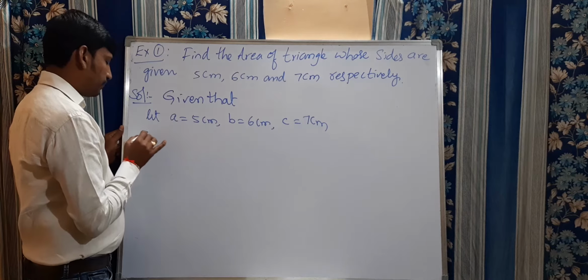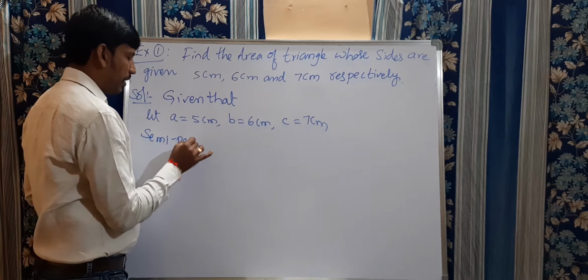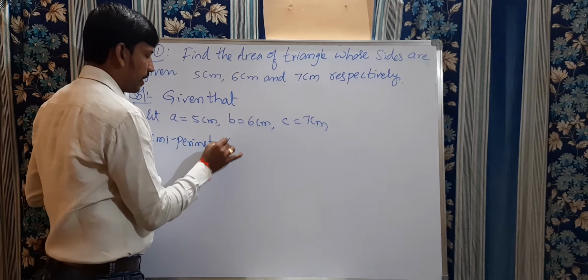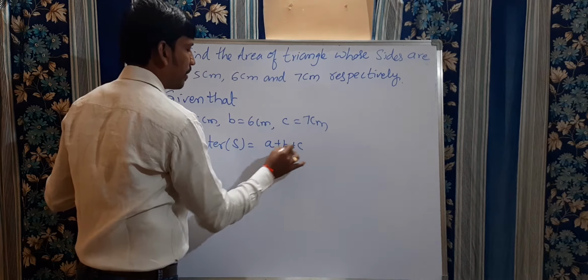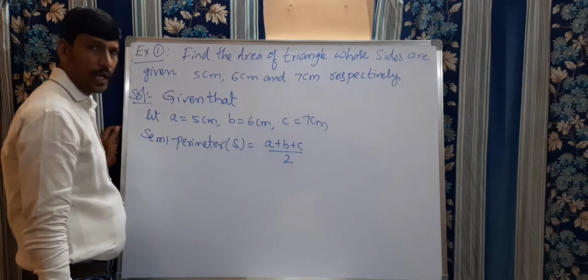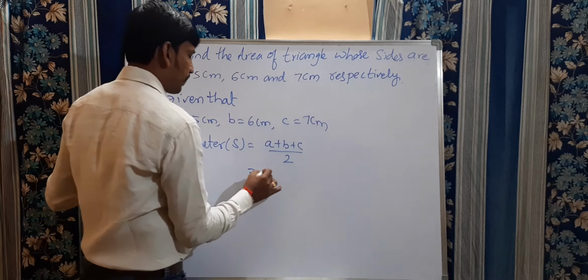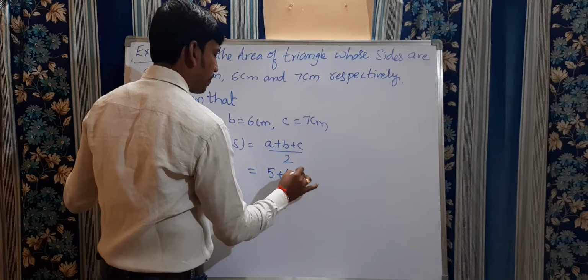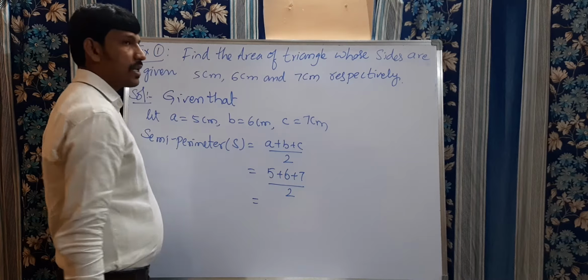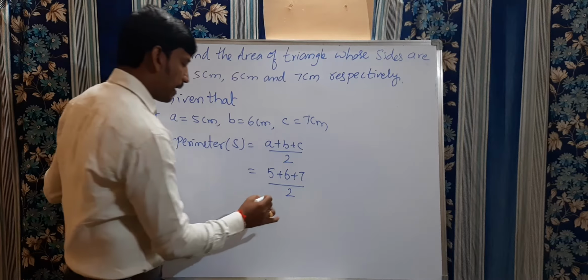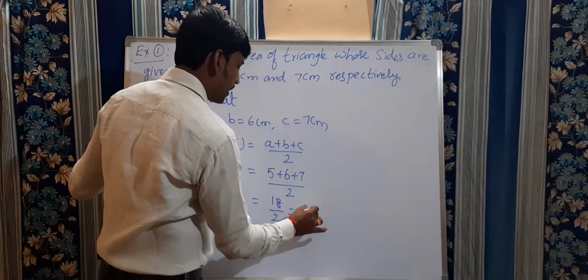Now the semi-perimeter of a triangle, that is small s, is equal to (a plus b plus c) by 2. Clear? This is the formula to find s. Which implies (5 plus 6 plus 7) by 2, which is equal to 5 plus 6 is 11, 11 plus 7 is 18, 18 by 2 is equal to 9 centimeters.